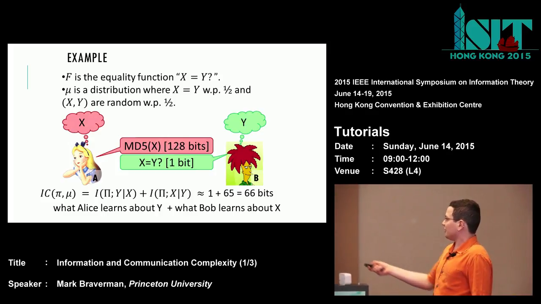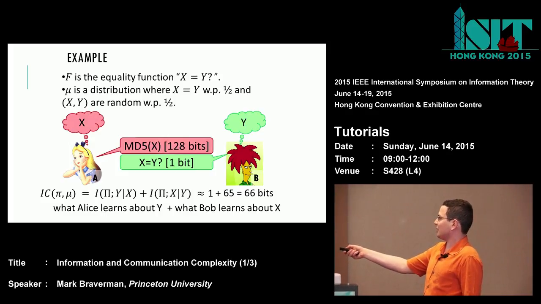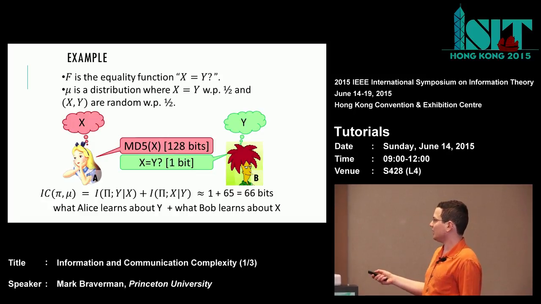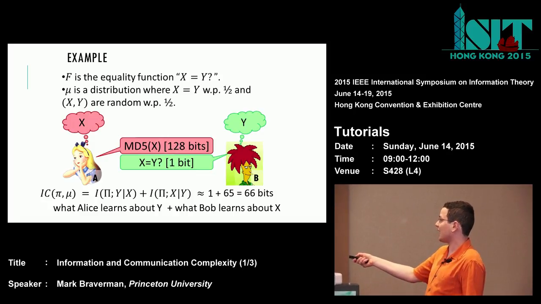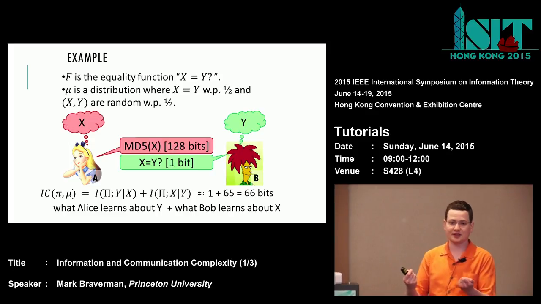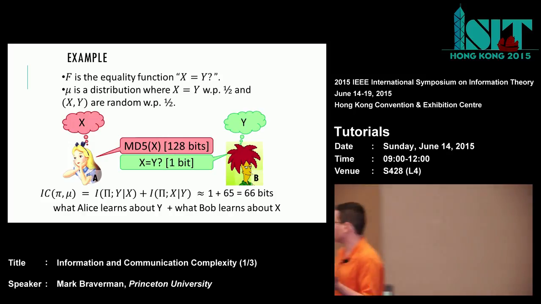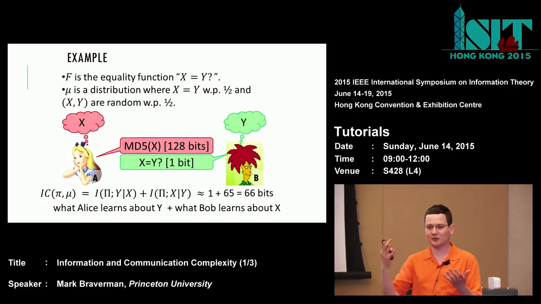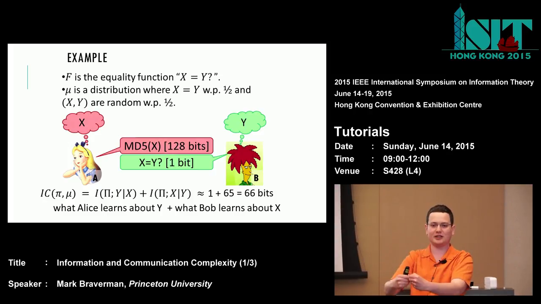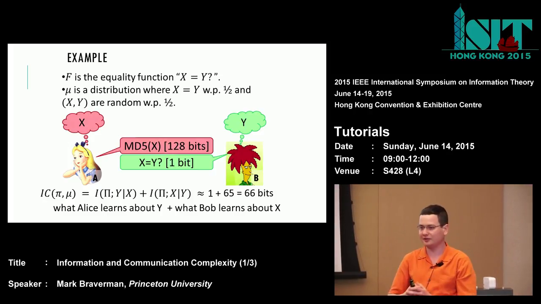The protocol is the following. Alice sends an MD5 hash of x to Bob, and Bob compares it to his hash and responds with an answer. The probability of this protocol being wrong is roughly 2 to the minus 129, because you're wrong if x and y are different but the hashes collide. It's a very rare event.